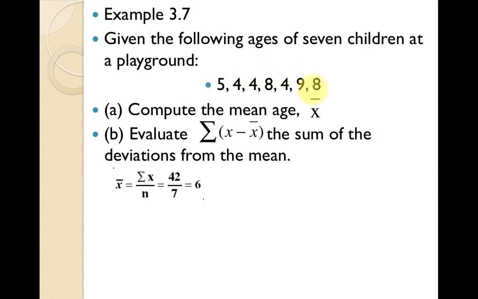Each of these are values of x. X minus x bar means to take the value of x and subtract x bar. 5 minus 6. 4 minus 6. You're taking x minus x bar for all 7 values.